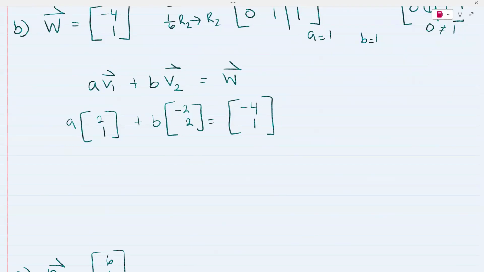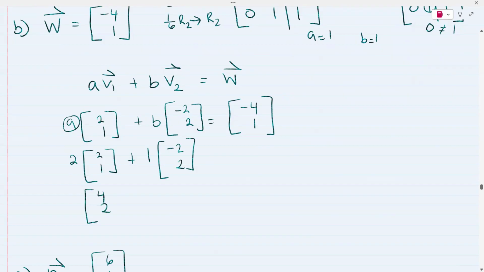Yeah, I think we can. Maybe we can multiply the A. A could be positive 2, so 2 comma 2 comma 1, and then maybe B could be just 1. So if you FOIL this out, this would be 2 times 2 is 4, 2 times 1 is 2, and then this would be 1 times negative 2 is negative 2, 1 times 2 is 2.